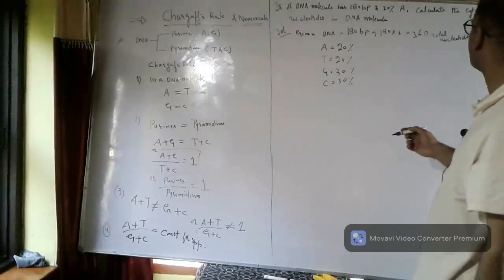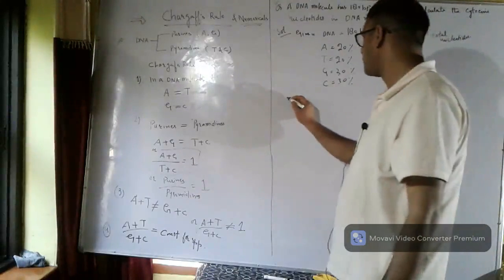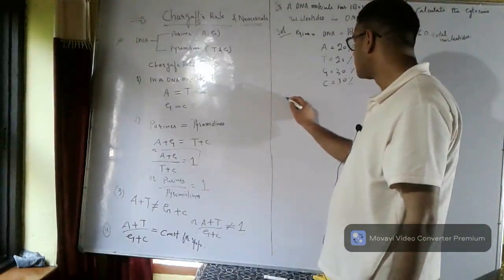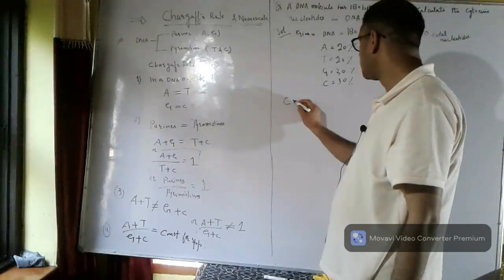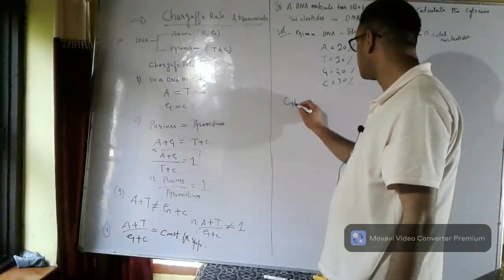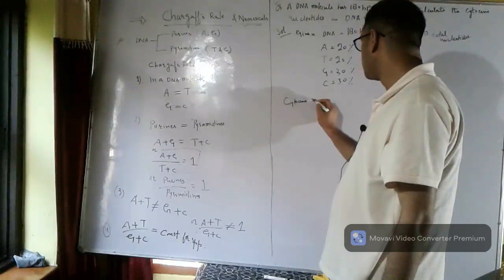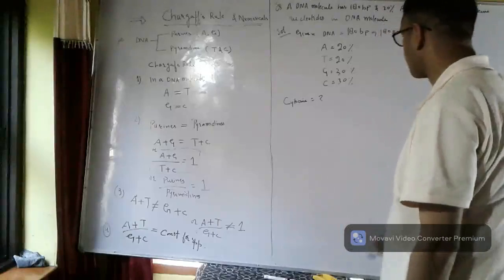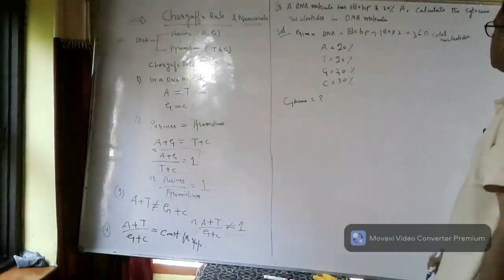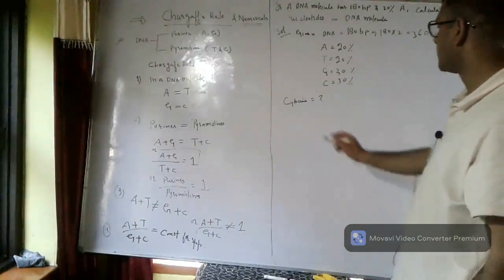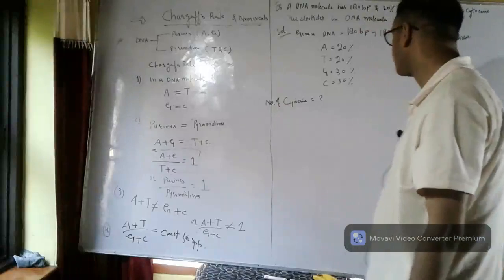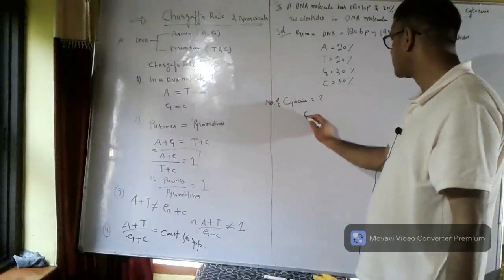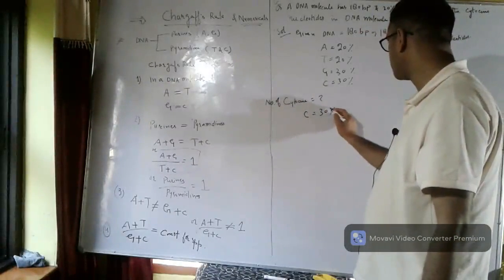Now we have to calculate the number of cytosine. We know that cytosine is 30%.